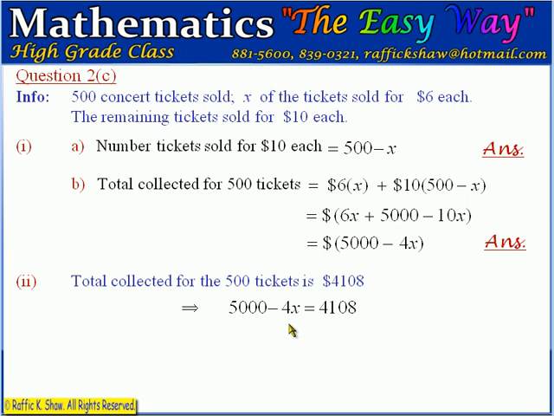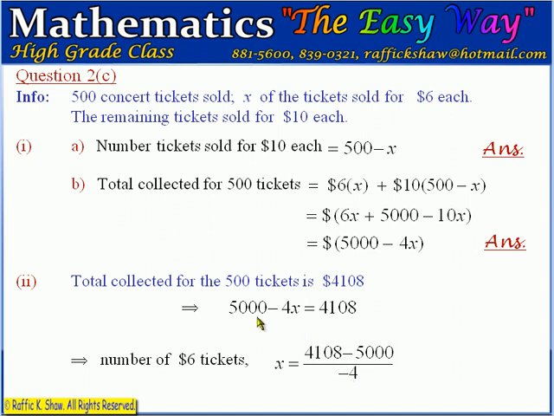So to find x, we simply solve this equation. We calculate the value of x from this equation, and this is it. The number of $6 tickets sold, which is equal to x, is calculated from this expression by making x the subject, and we can show that in one step. X will be equal to 4,108 minus 5,000 divided by negative 4.